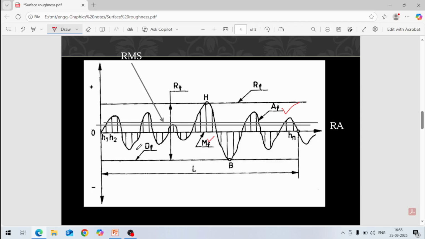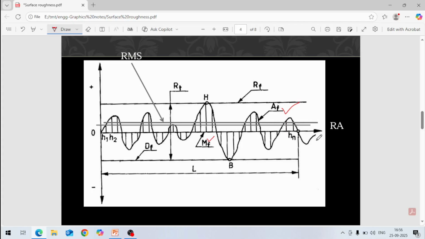If we add all these areas, this should be equal to the bottom areas, A1, A2, A3, A4. If you add these areas and the top areas, this should be equal. Then we can draw a mean line like this here. So this is our mean line, MF. If we draw vertical lines here like this, H1, H2, H3, H4, we draw these lines.